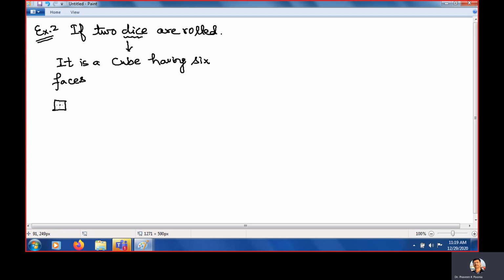Look, this is one face, one number is there. This is the second face, 2 numbers are there. This is the third. Then 1, 2, 3, 4, 5, and then the last one is 6. So a dice is a cube with 6 faces. Clear? There are a total of 6 possible outcomes.